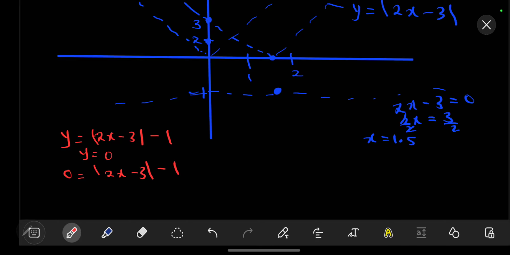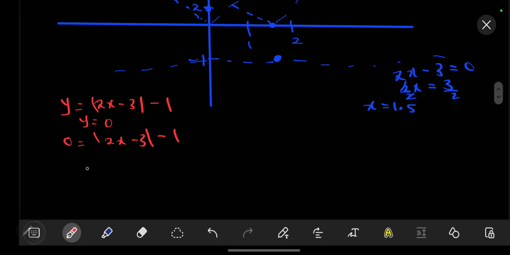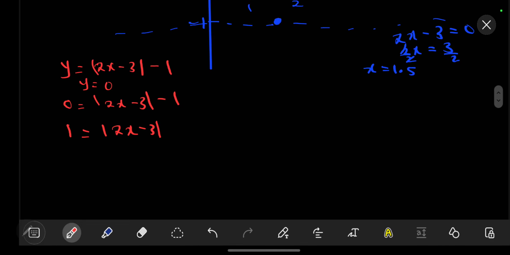So we take the 1 to the other side, we are going to have 1 equal to the absolute of 2x minus 3. Now each and every time we find the absolute of any number equal to a positive, we introduce plus or minus 1, which is equal to 2x minus 3. So either 1 equals 2x minus 3, or we have negative 1 equals 2x minus 3.